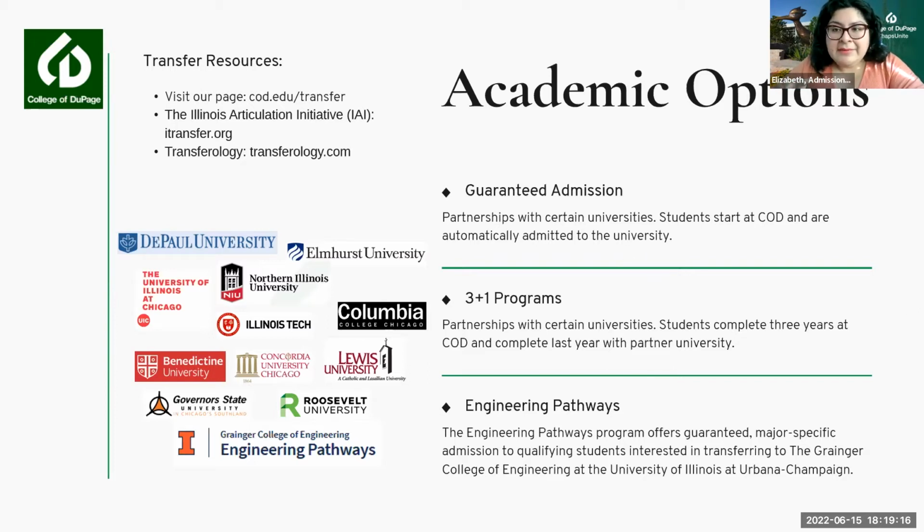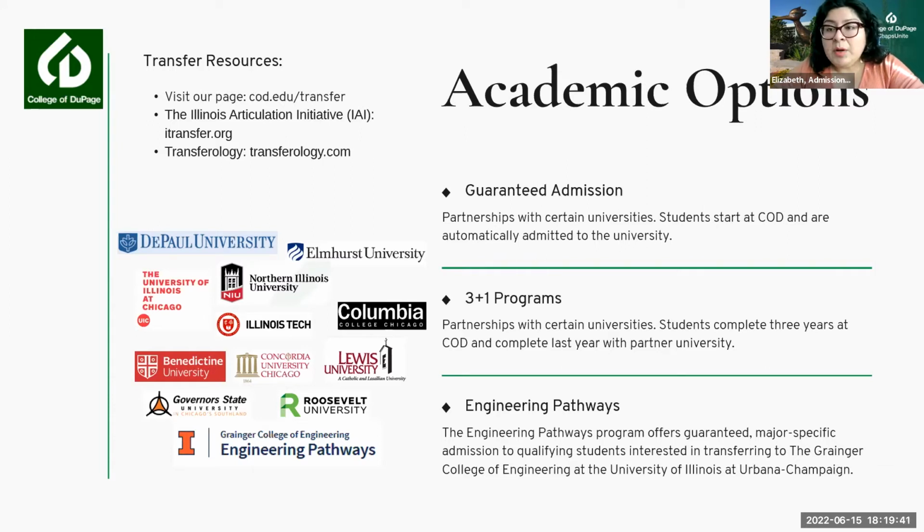Think of it kind of like high school, where your freshman and sophomore year is at College of DuPage. Your junior year is also at College of DuPage, but it's now for specific courses that the 3+1 university requires. So they're letting you stay an extra year, your junior year, but you're still paying College of DuPage tuition, which is much more affordable than the 4-year.